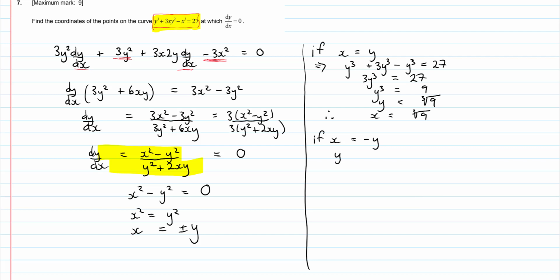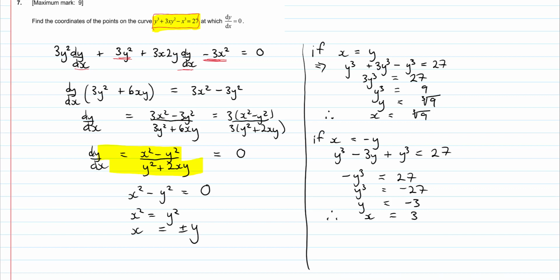So this time we get y cubed, minus 3y cubed, plus y cubed is equal to 27, and so we get negative y cubed is equal to 27, so y cubed is equal to negative 27, and therefore y is equal to negative 3, and x is equal to negative y, so therefore x is equal to 3.